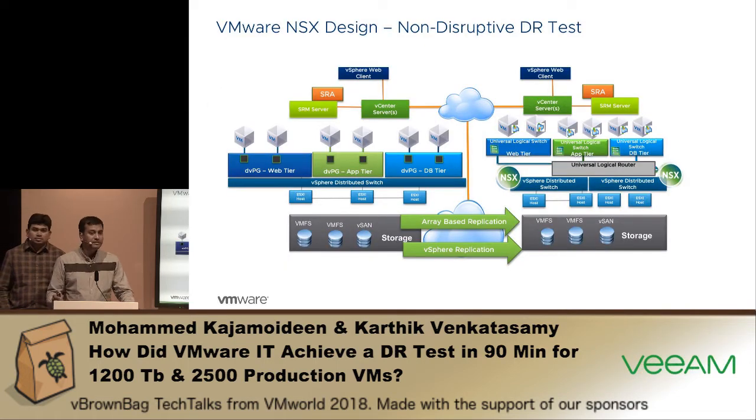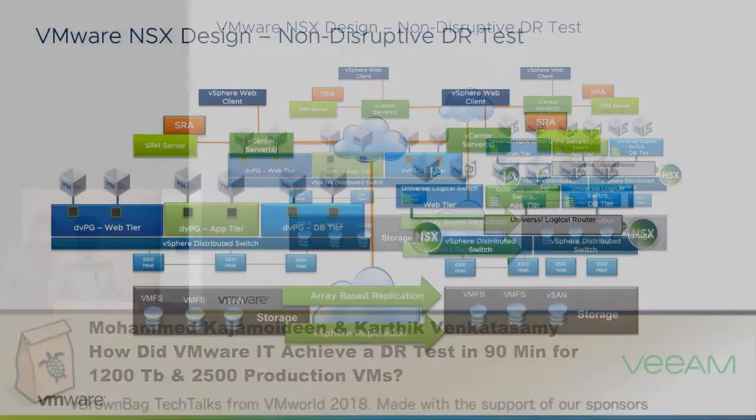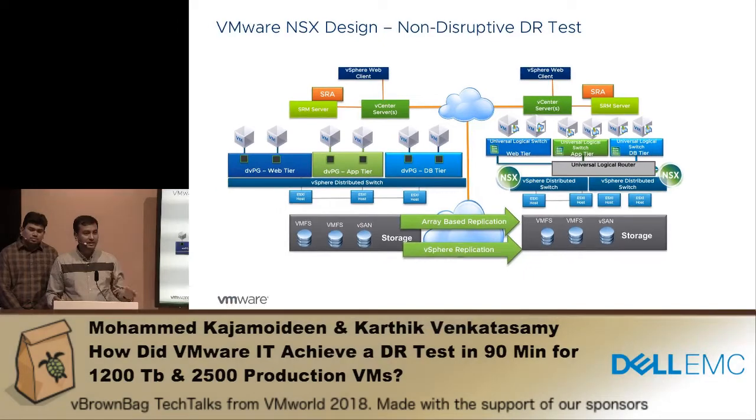So look at this logical design diagram, which shows our non-disruptive DR test design. On the left pane, you can see the production site, where all the production VMs are connected to different networks like the web tier, app tier, and DB tier. These VMs continue to run as they are when we perform the DR test. The business will continue as it is.